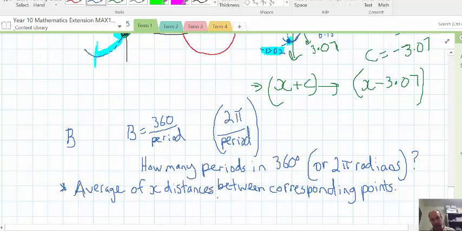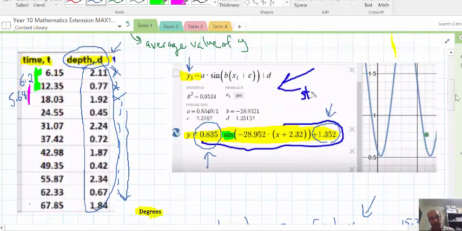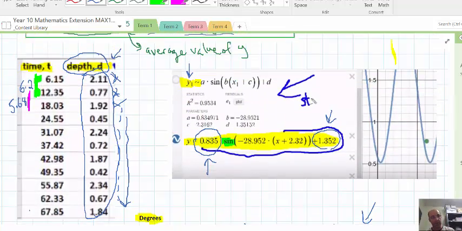So with our theme of averages as our method, we're looking at the average of the x distances between corresponding points. Now what are corresponding points? It could be peak to peak, trough to trough. If you're really good, you'll do both. I'll just look at peak to peak, but there is a better way of doing this if you go trough to trough or midpoint to midpoint from one cycle to the next cycle.